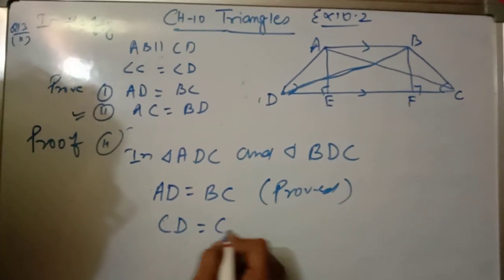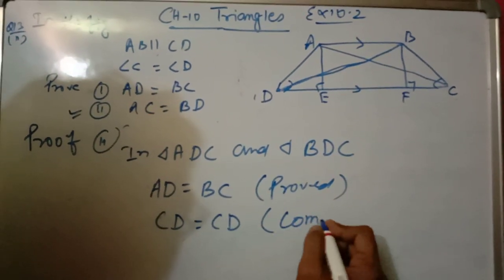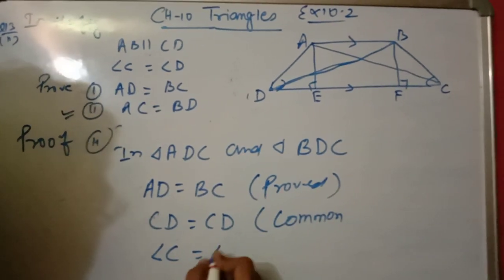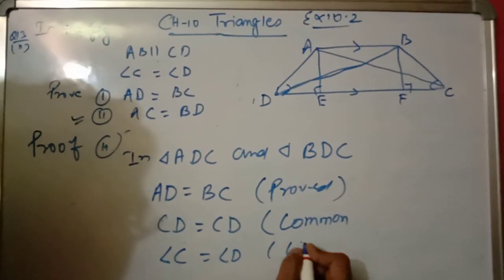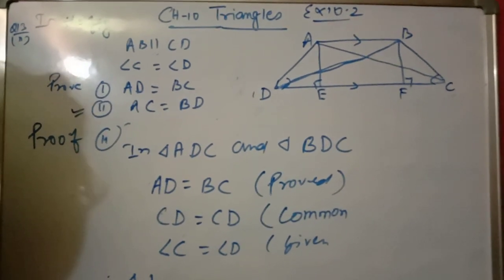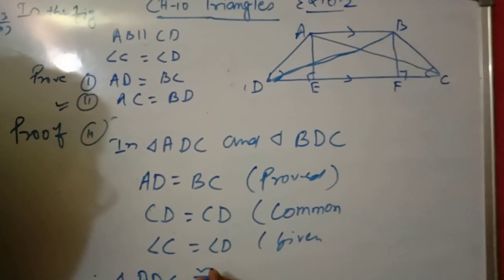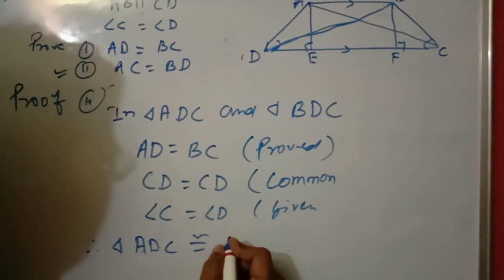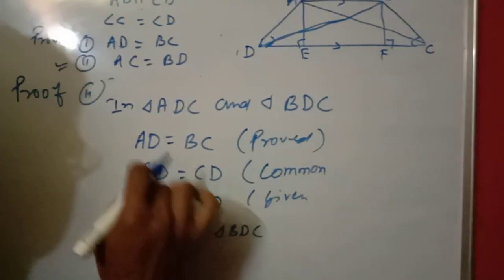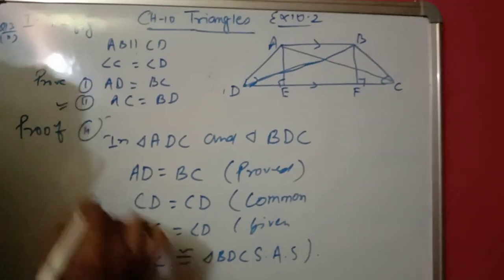CD equal to CD, common. Angle C equal to angle D. This is given. Therefore triangle ADC is congruent to triangle BDC by side angle side congruence.